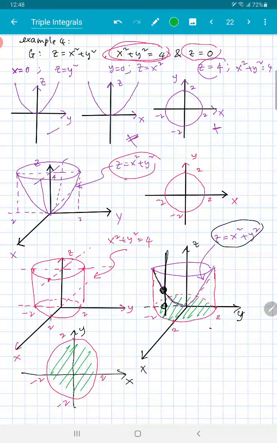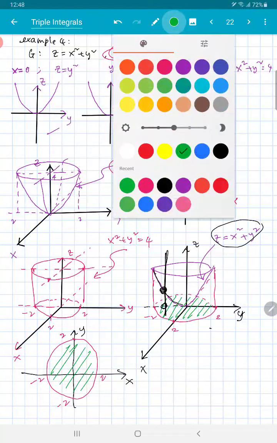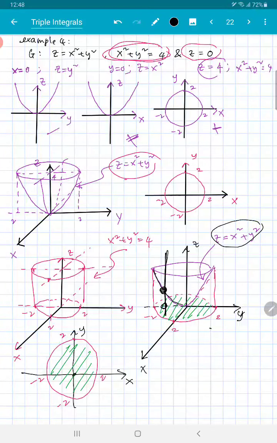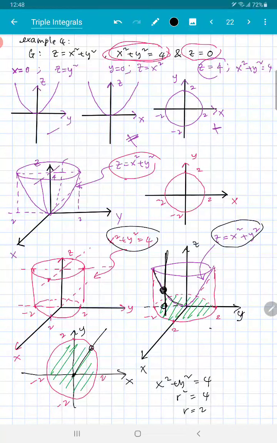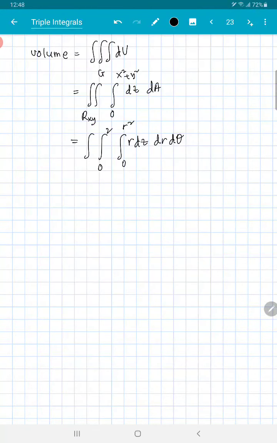Looking at this region R on the xy plane, you can see that r is from the origin to this circle, and this circle is governed by this equation. But we know x squared plus y squared is r squared, meaning that r is 2. So r is from 0 to 2. And for theta, remember you measure theta from the positive x-axis anti-clockwise, and as you can see, it's the whole circle. So theta is going to be from 0 to 2 pi.